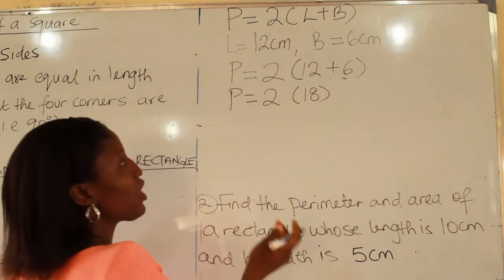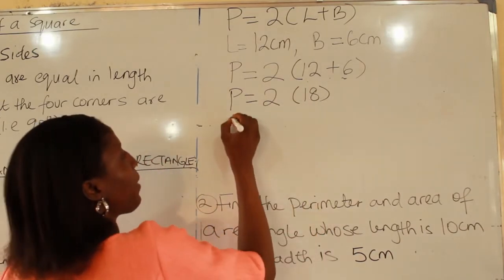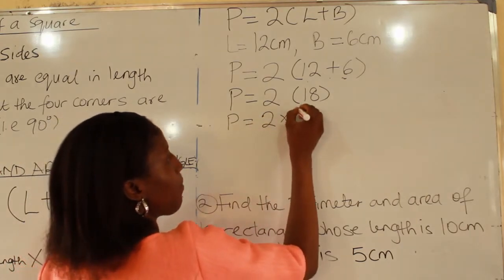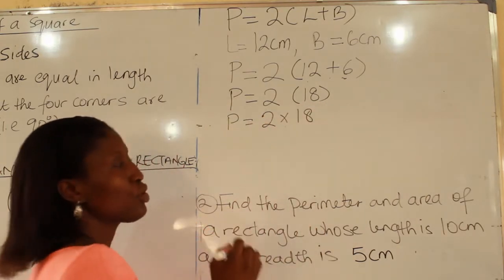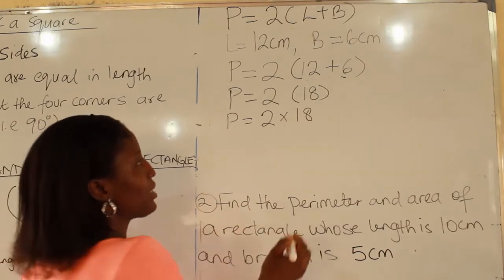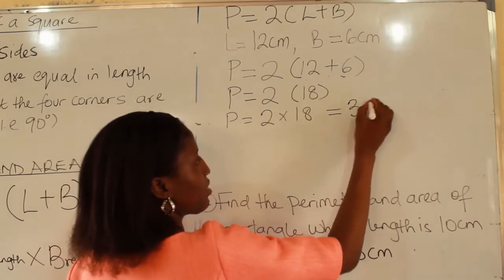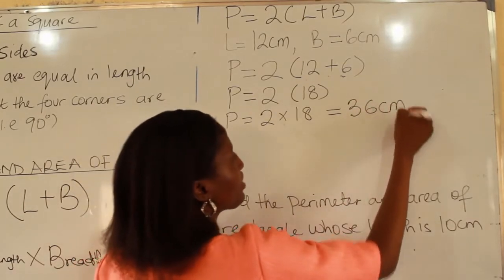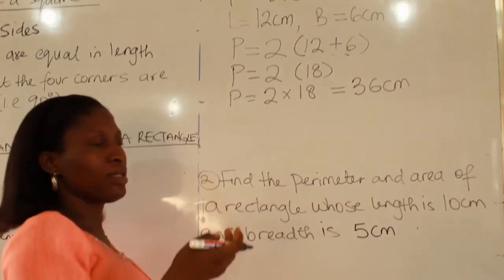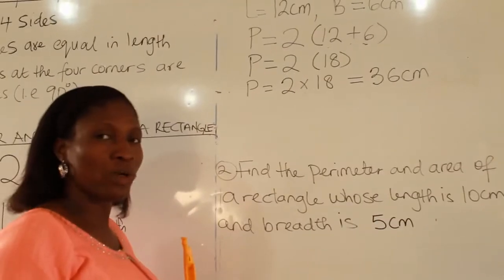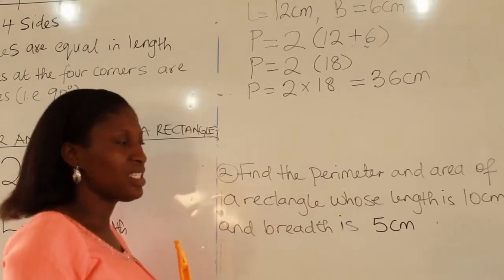So perimeter equals 2 multiplied by 18. When you multiply 2 by 18, you get 36. So our perimeter equals 36 centimeters.